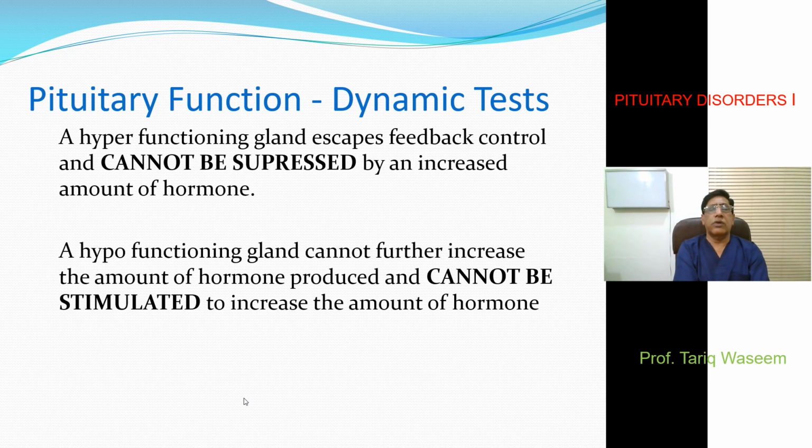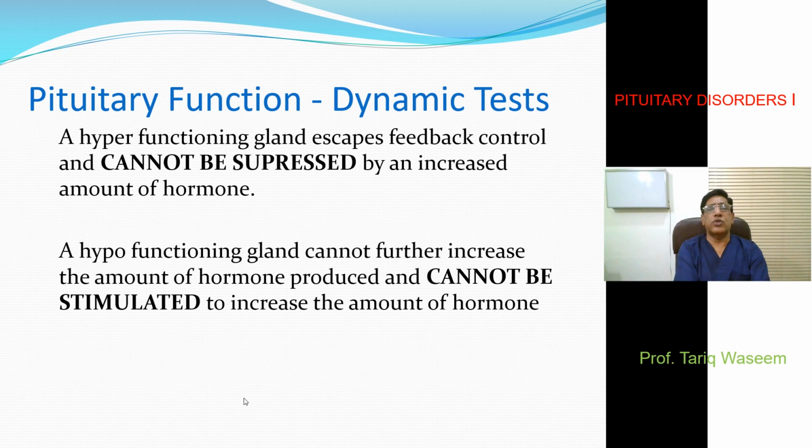The same is true for a hypofunctioning gland. When a gland is not producing adequate secretions, we try to stimulate it with the stimulatory hormone for that component, and it cannot be stimulated.